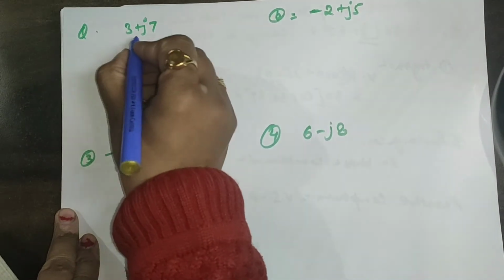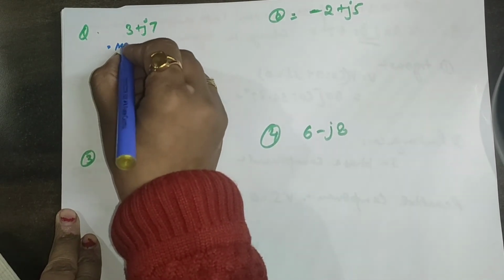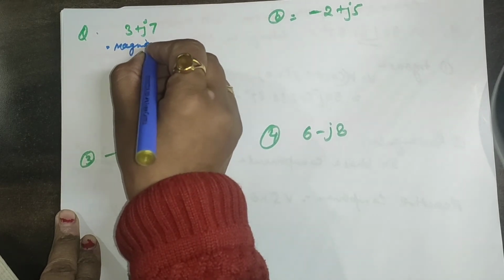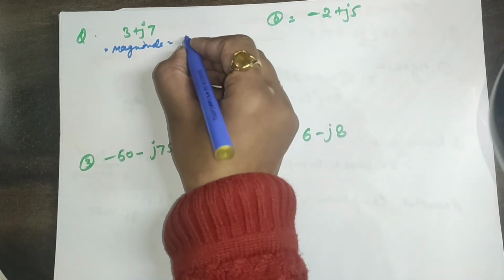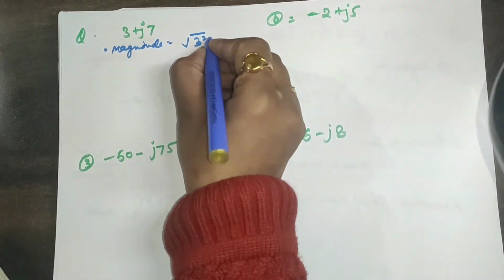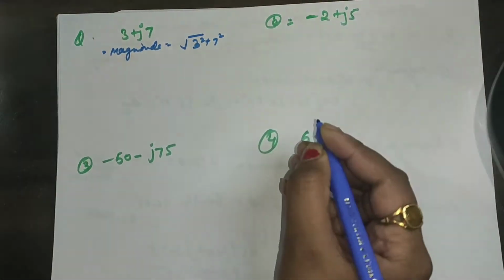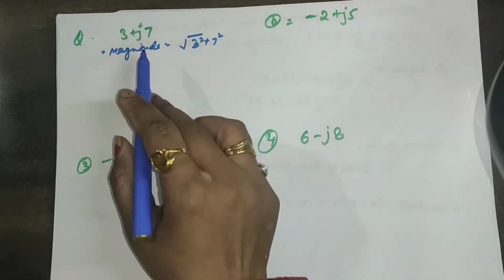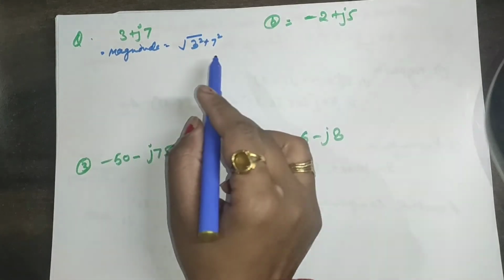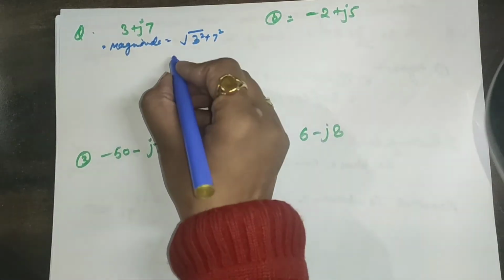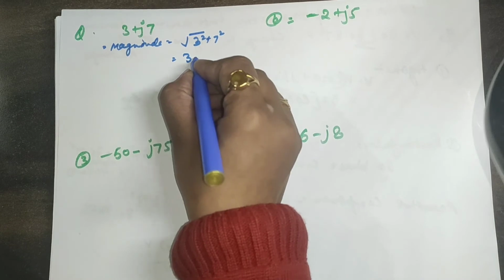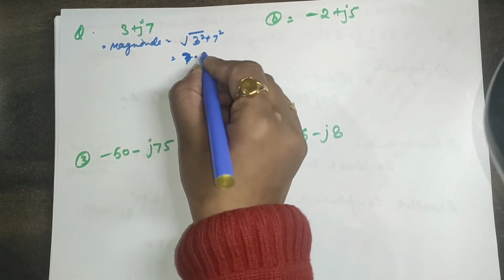First of all, we take this example. We have to take the magnitude first. The magnitude will be under root 3 square plus 7 square. If you solve this, you will get 7.62.